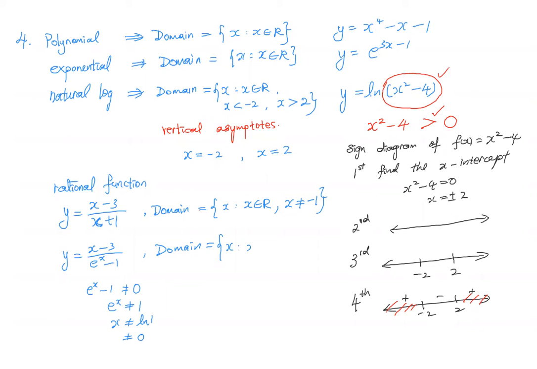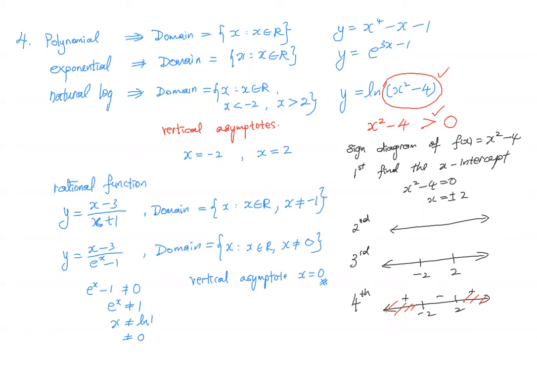I really hope you take out all your notes and look through it again. So in this case, the vertical asymptote is x equal to 0.